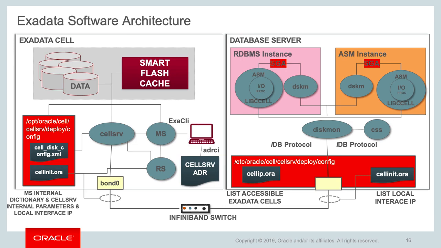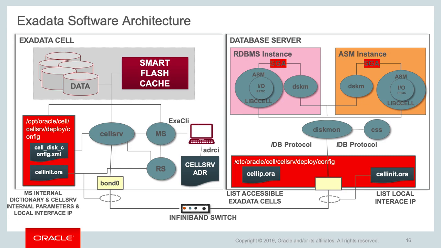Now we'll try to understand the function of diskmon. It is a critical component of the Exadata I/O fencing mechanism. There is a master diskmon. The process name is diskmon, which starts with CSS and communicates with CELLSRV. There are slave diskmons known as DSKM, which is part of every instance and communicates with the master diskmon.